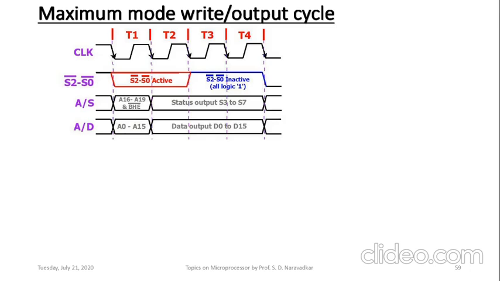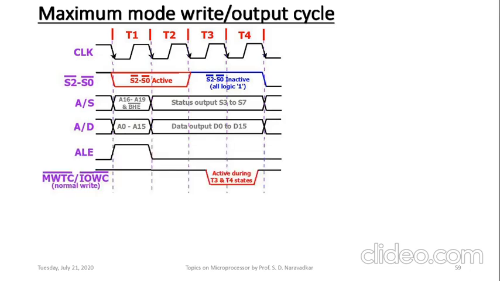Okay, already in the maximum mode configuration design, I have stated in my earlier lecture that memory write command or IO write command, these are the normal write command signals here, which are active during T3 and T4 state. It means that write operation will be started somewhere in T3 and it extends up to the end of T4 here.